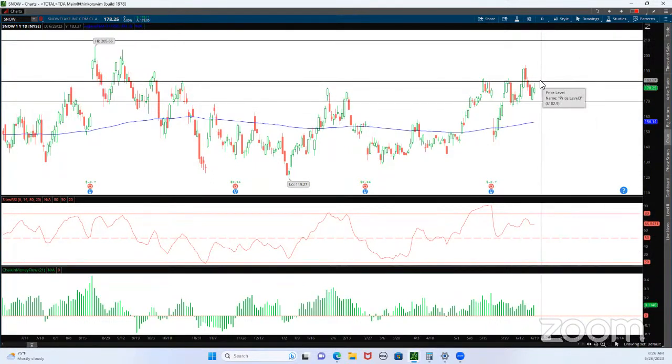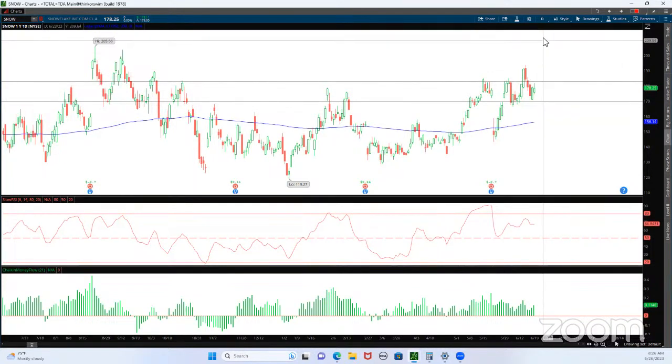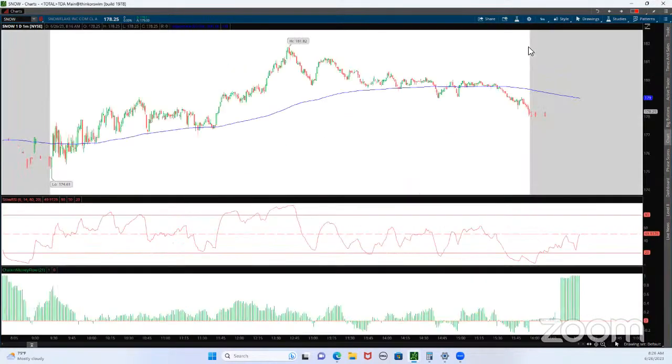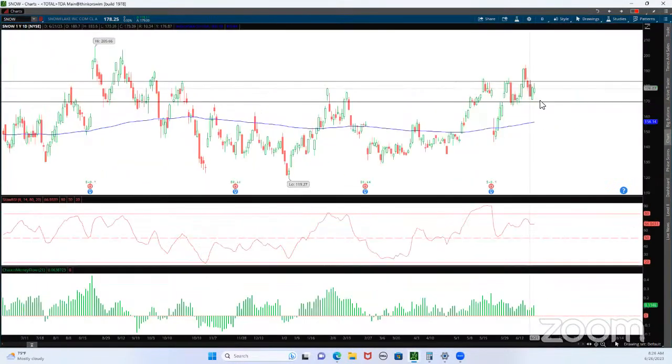So this here is the resistance of 183.3. Let's see where we're at right now. 178. So we're consolidating here in this zone.